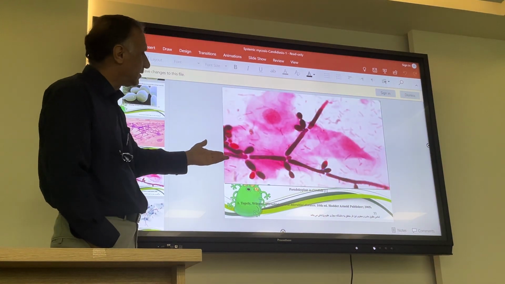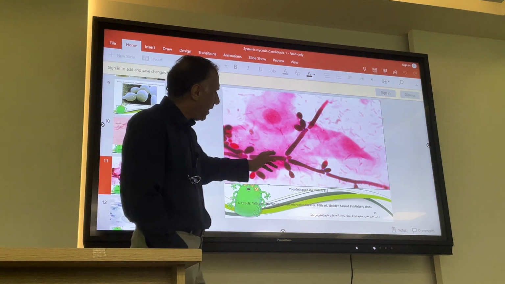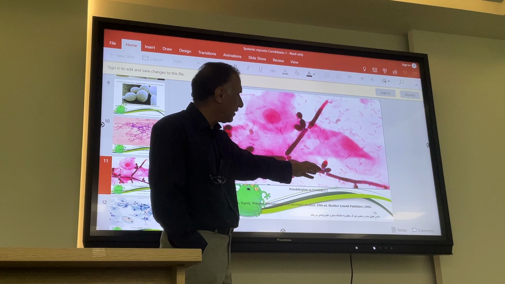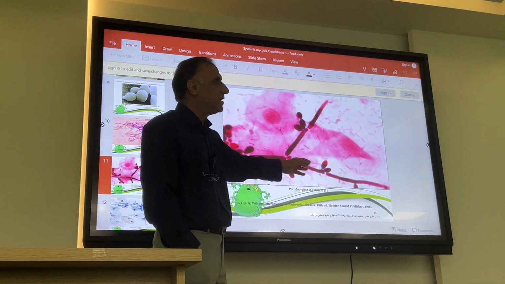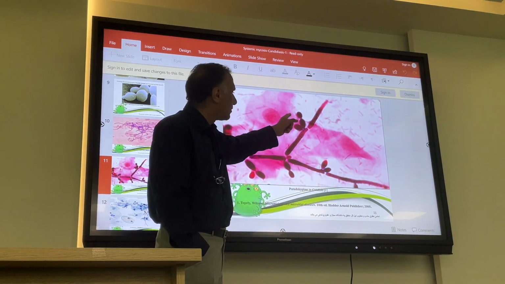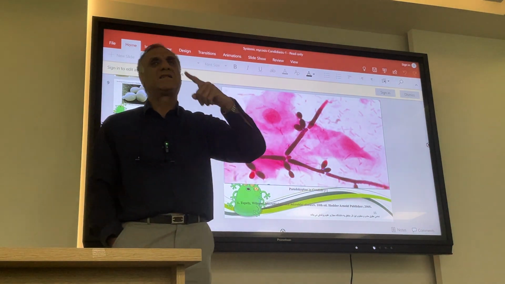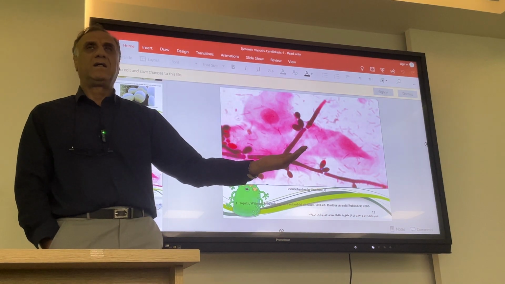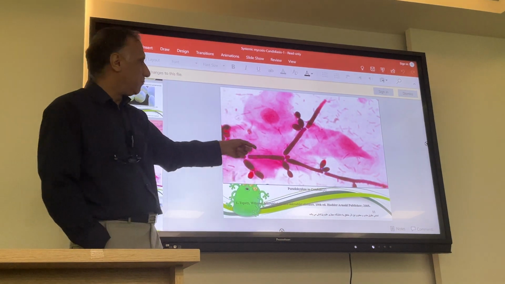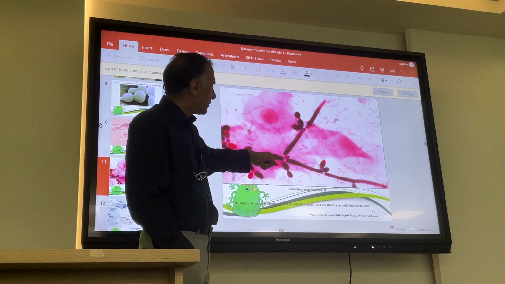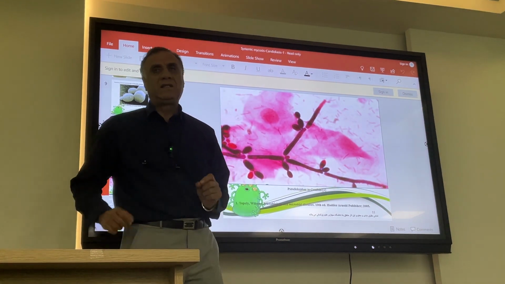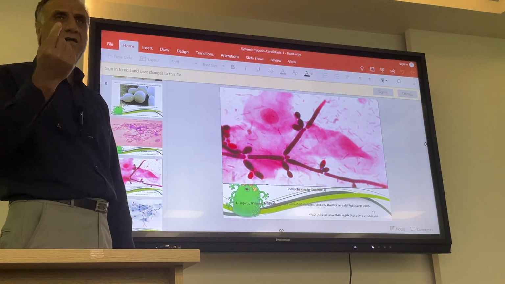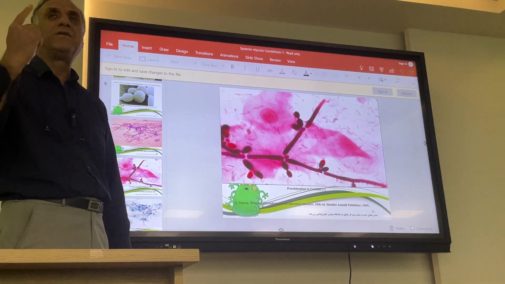In this picture, this is the pseudohypha, false hypha or false mycelium, and blastospore. Blastospore means a cell that produces budding with the mother cell. Blastospore plus pseudohyphae identify that we have a patient with candidiasis.